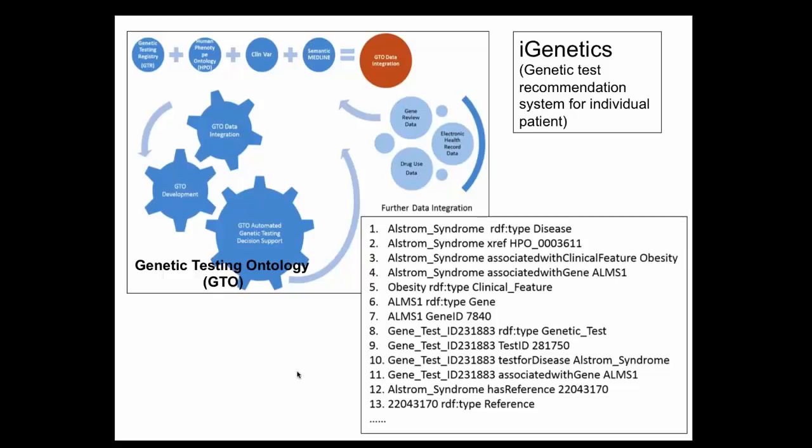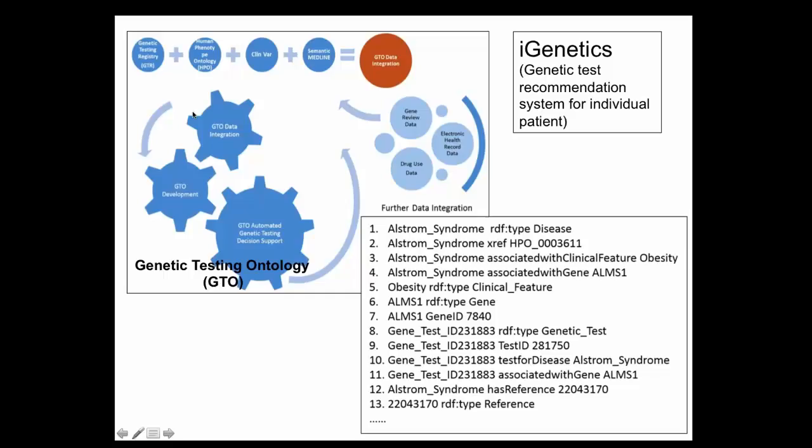So we want to build an integrative data model or system application that can integrate the public data regarding genetic tests, and also combine some of the patient data extracted from the EHR systems.